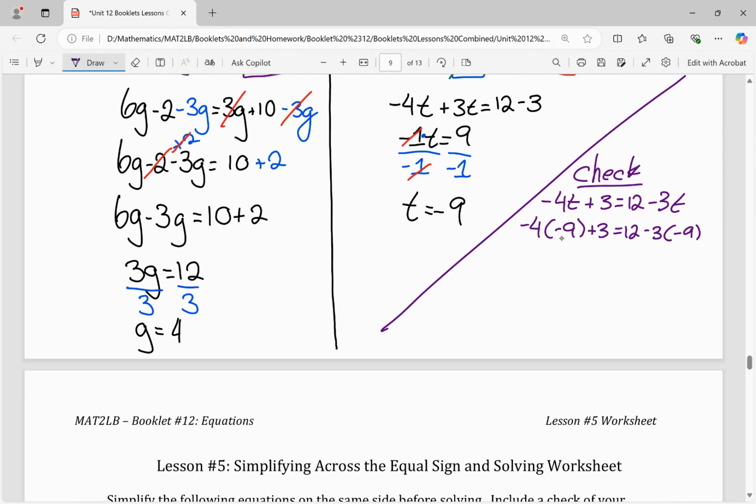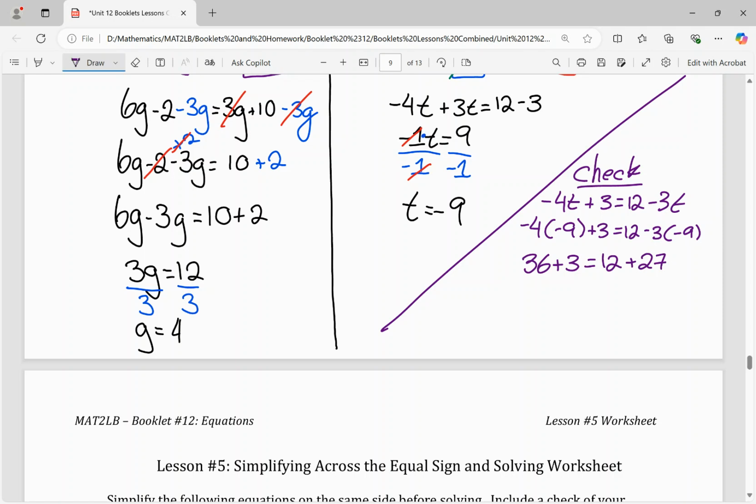Well, -4 times -9, ooh, you might need to use your multiplication chart for that one, but it will equal positive, because two negatives make a positive, it will equal positive 36. So we get 36 plus 3 is equal to 12. -3 times -9, well, two negatives make a positive, and 3 times 9 is 27.